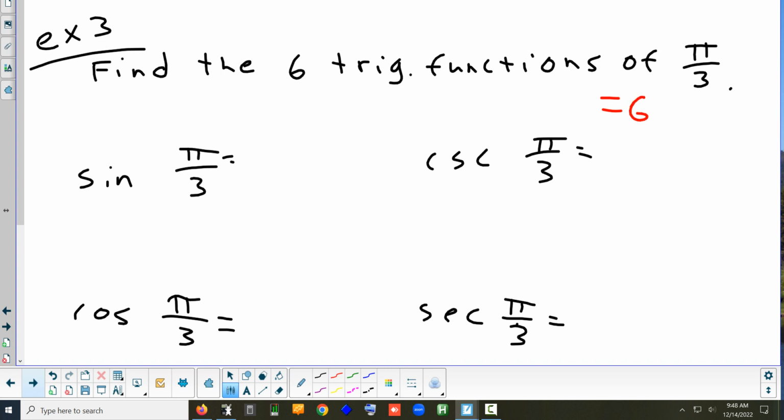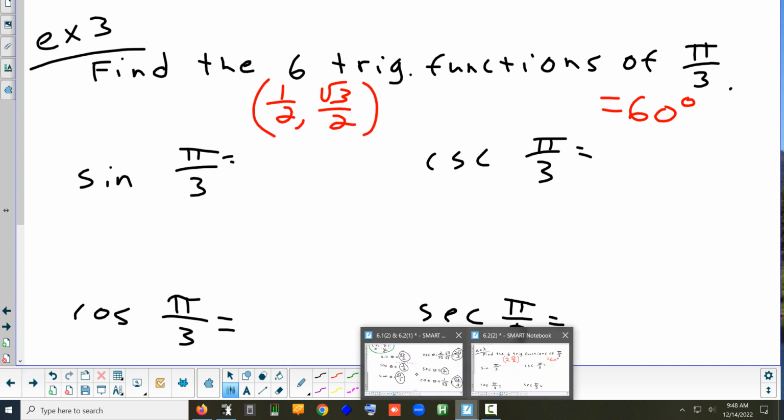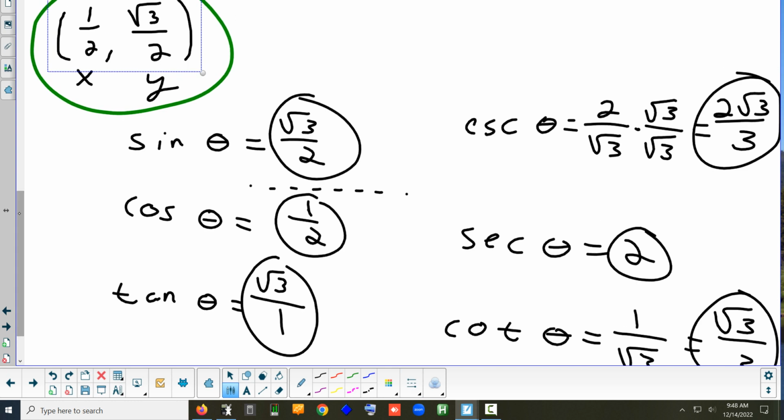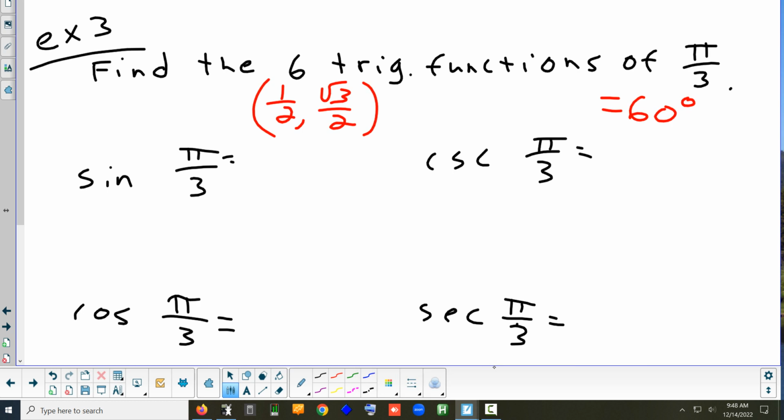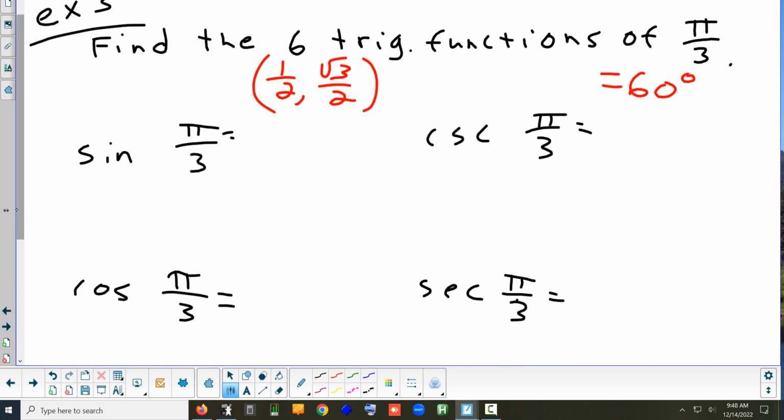And we just learned the coordinate for 60 degrees is 1/2, root 3 over 2. That is the exact problem we did earlier in the video. The only difference is now you have to be able to get that coordinate without me giving it to you. So that's a 60.